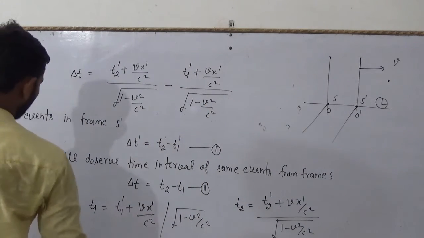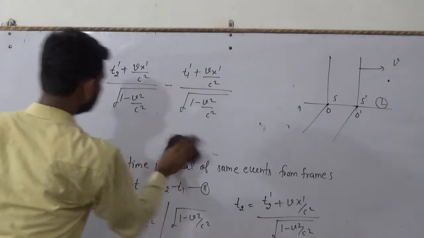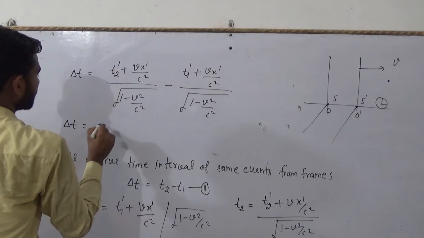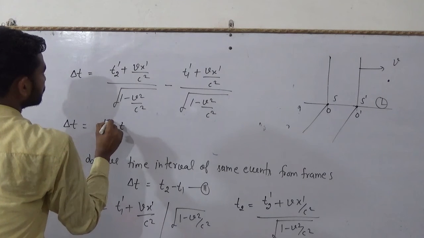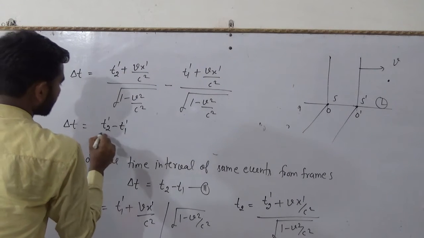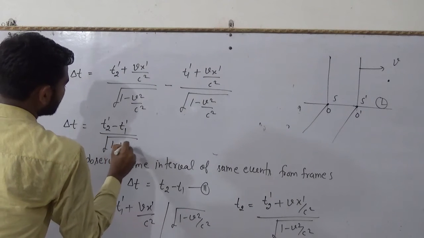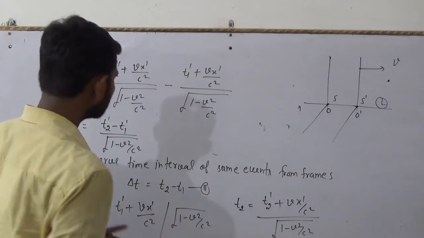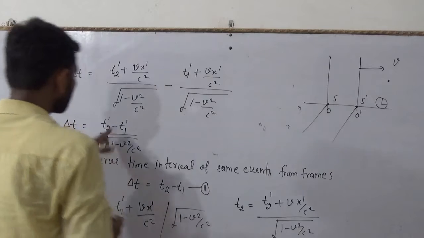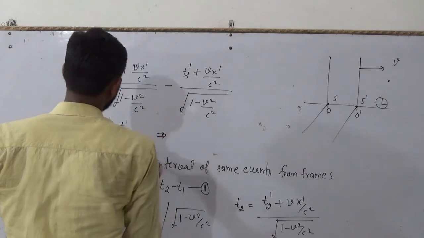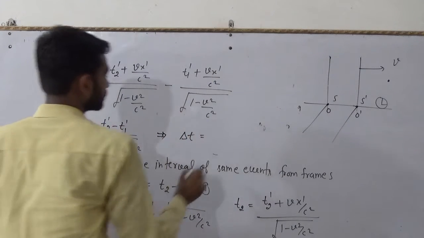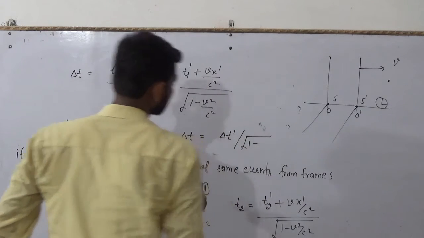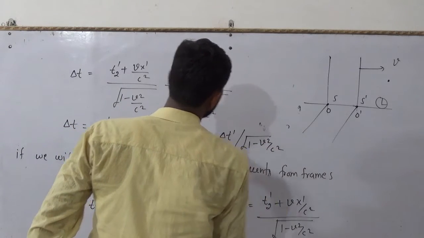Now we can simplify: del T is equal to T2 dash minus T1 dash upon under root 1 minus V square by c square. From equation 1, del T dash was equal to T2 dash minus T1 dash. So here we can write the value of del T is equal to del T dash by under root 1 minus V square by c square.